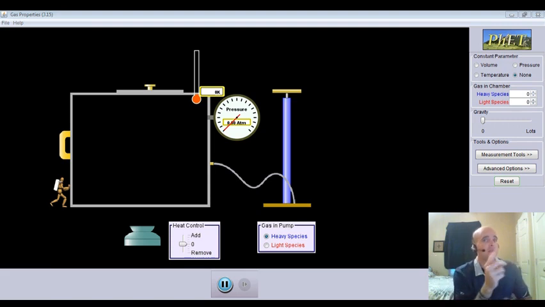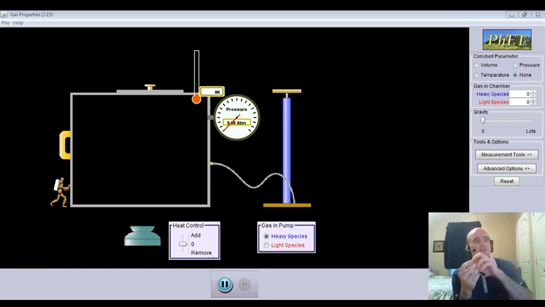How big the gas molecule is, or its mass, plays a factor in the pressure, but also the frequency. If I bounce them back and forth, those collisions with the container would be more frequent, so that would have a higher pressure.